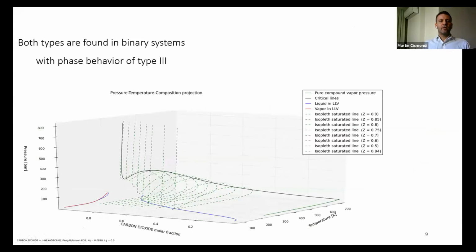It is interesting to see that in binary systems, both of them are present in the same system for different compositions, as you can see here in this 3D plot in pressure, temperature, and composition. This example is for CO2 with hexadecane.